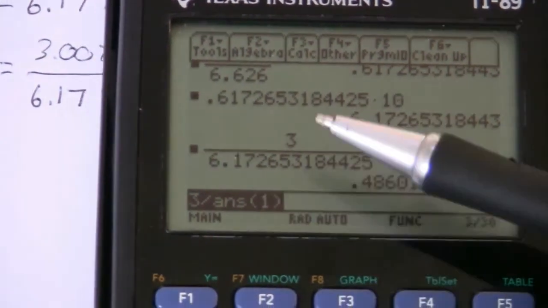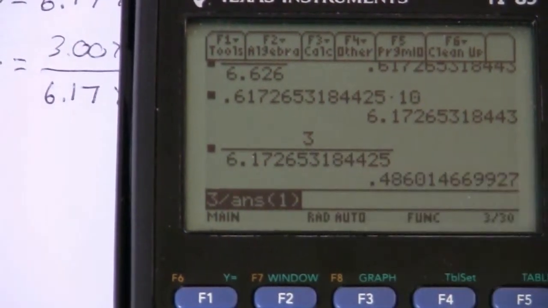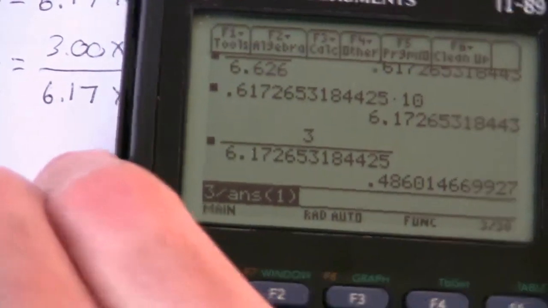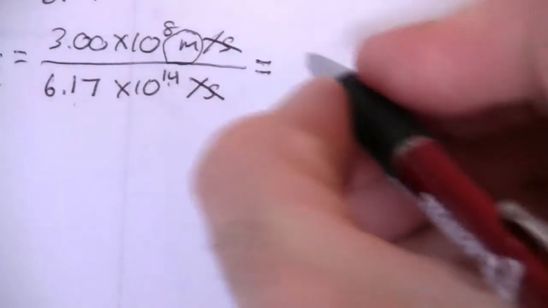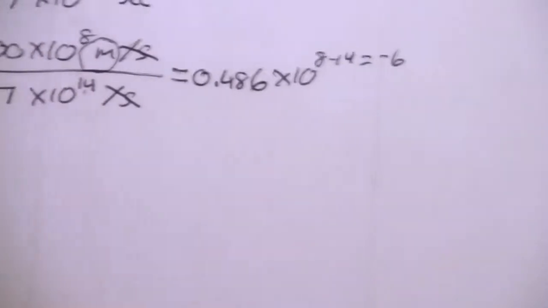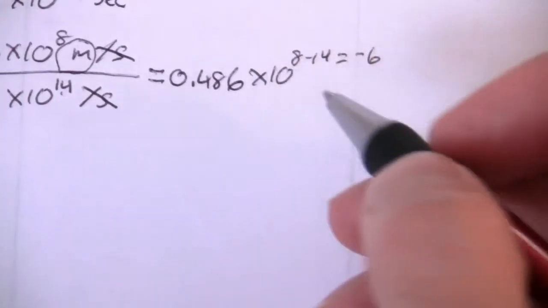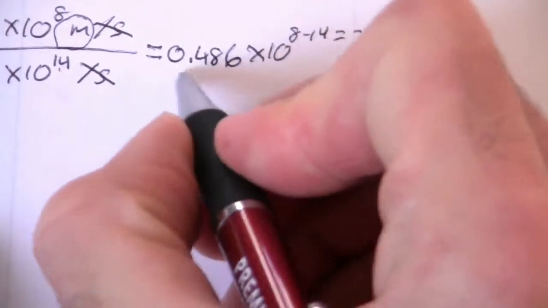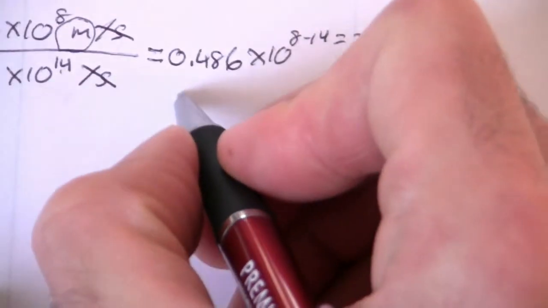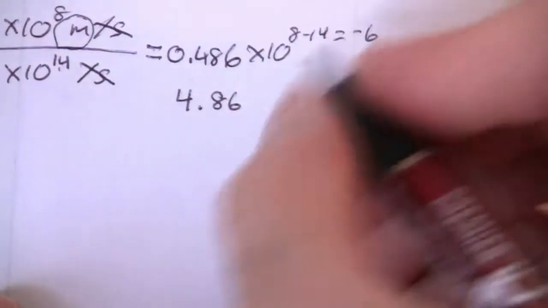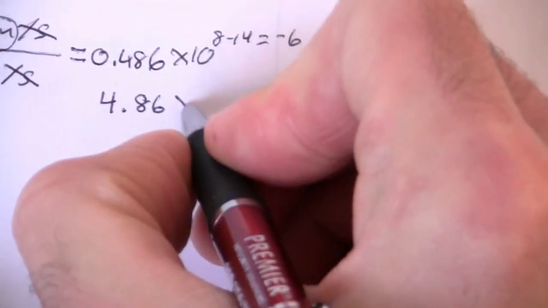Okay, so if I take 3 divided by 6.17, I get 0.486. Okay, and this is my final answer, so I don't have to worry about the rounding, because I have to round it at some point. But this way, that's the only time. You only want to round once in a calculation if you can avoid it. Okay, if you can avoid any more than that.